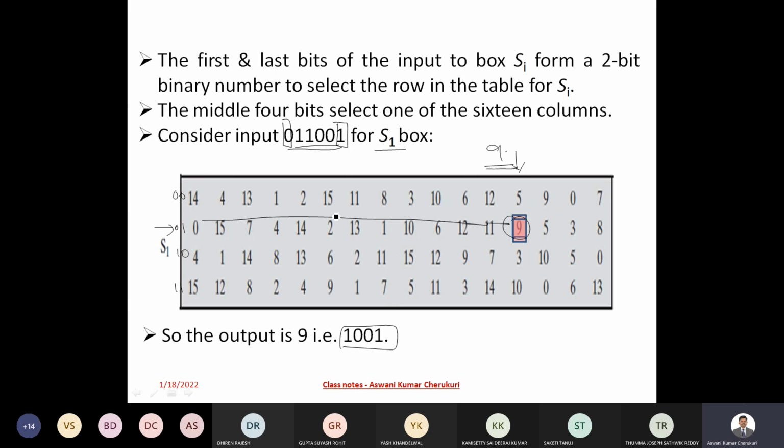So your 6 bits have become 4 bits. This is from one box. In a similar manner, we do the operation for all 8 S boxes, each giving a 4-bit output. So that makes your 32 bits. Is this clear?